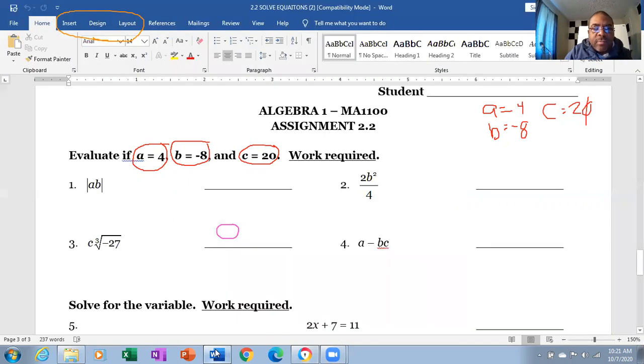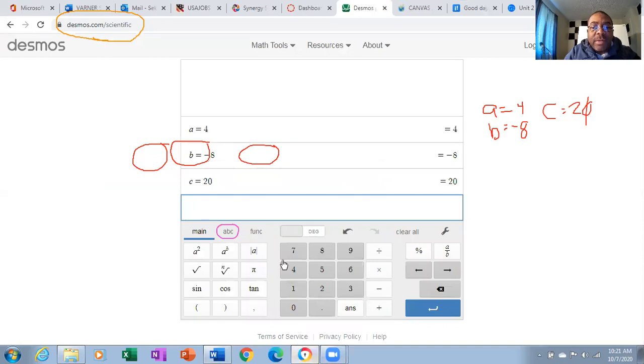Okay. This one, we're working on number one, the absolute value of AB, which is absolute value of A times B. So I go back to Desmos and I type in, now here's something you may want to take advantage of, or at least pay attention to.